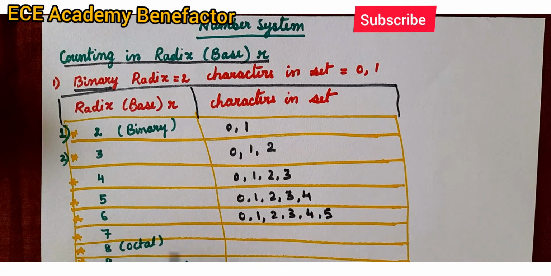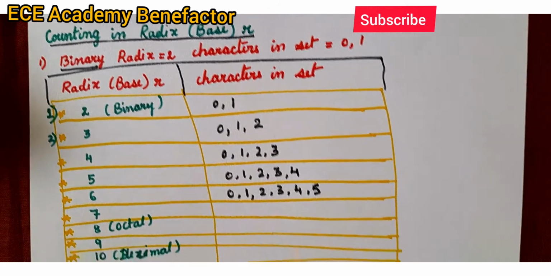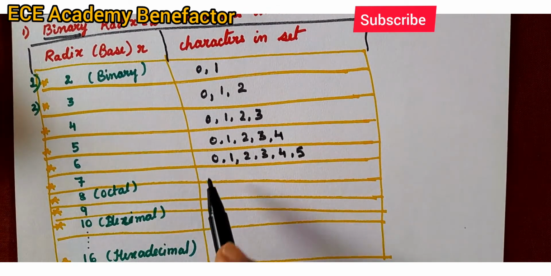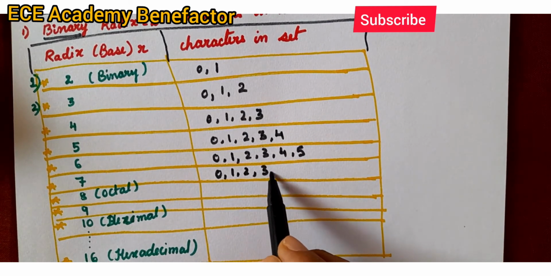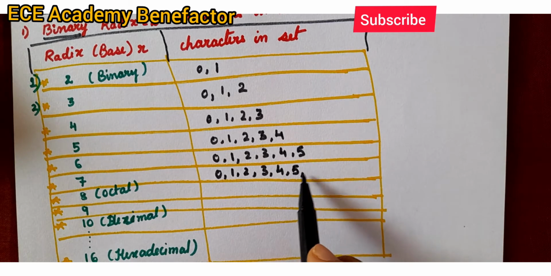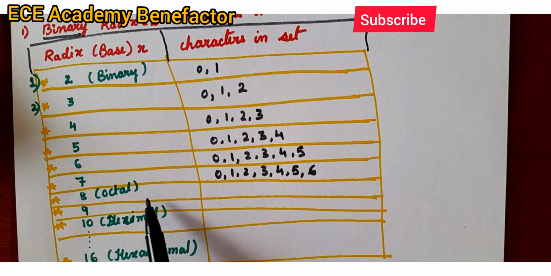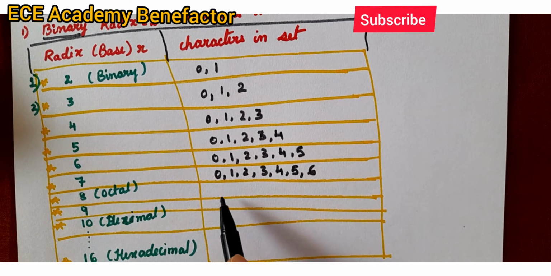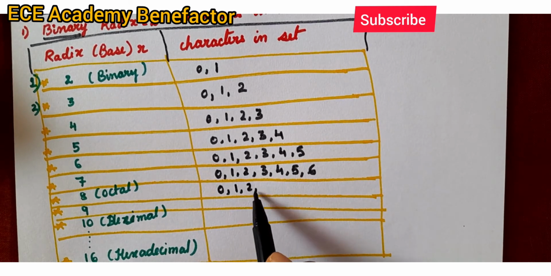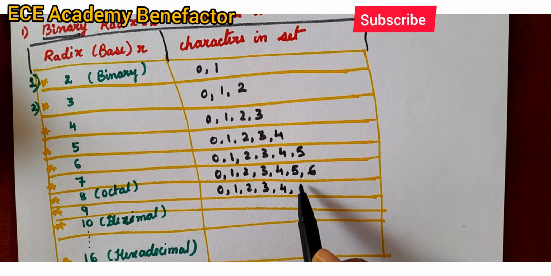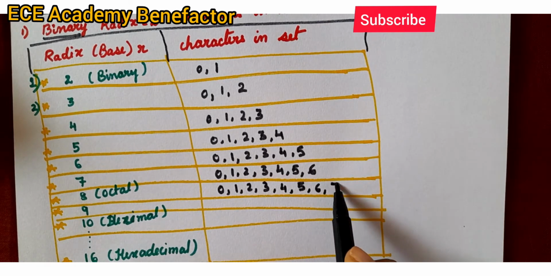For radix 7, the characters used are 0 to 6: 0, 1, 2, 3, 4, 5, 6. For radix 8, the characters used are 0 to 7: 0, 1, 2, 3, 4, 5, 6 and 7.